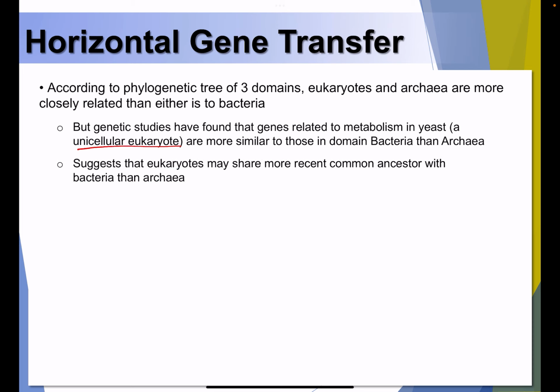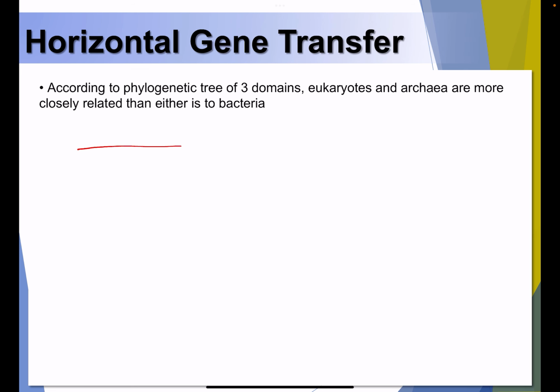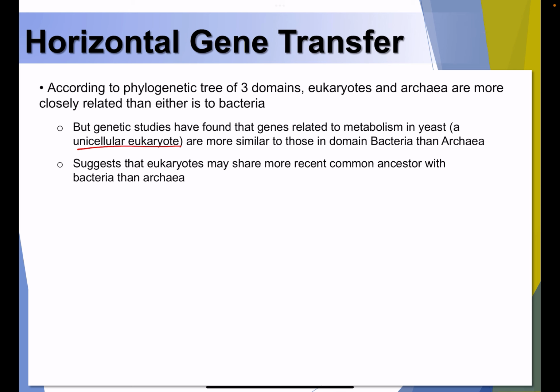So this suggests that eukaryotes may share a more recent common ancestor with bacteria versus archaea. This is contrary to the original hypothesis of the phylogenetic tree here, okay? But we have found otherwise. So why is there this inconsistency in our phylogenetic tree?